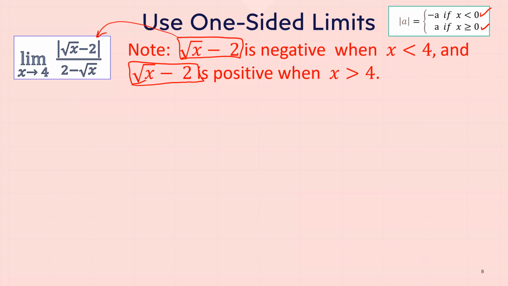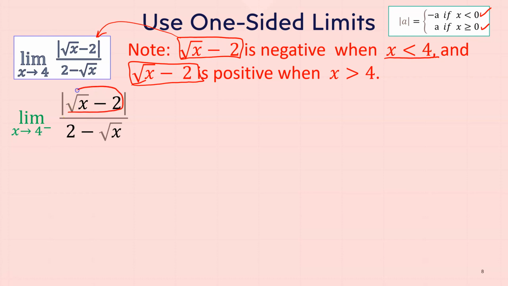So we're going to apply the definition of absolute value to break this function into two parts. And this is why we say use one-sided limits, right? So we're going to go from the left and then from the right of 4. So the limit as x goes to 4 from the left means x is less than 4. That means this inside the absolute value is negative.